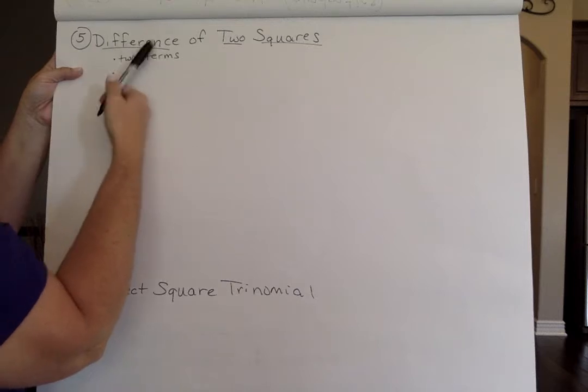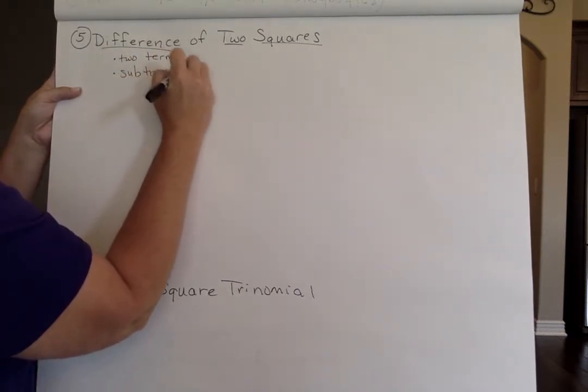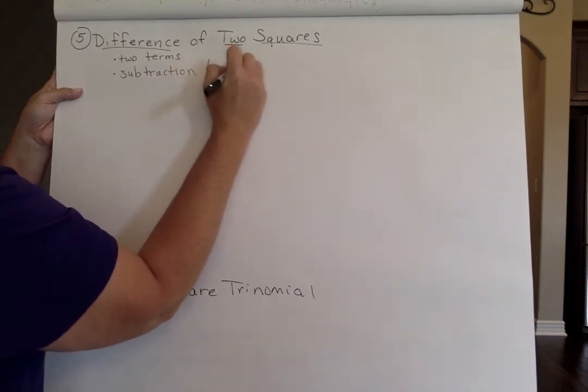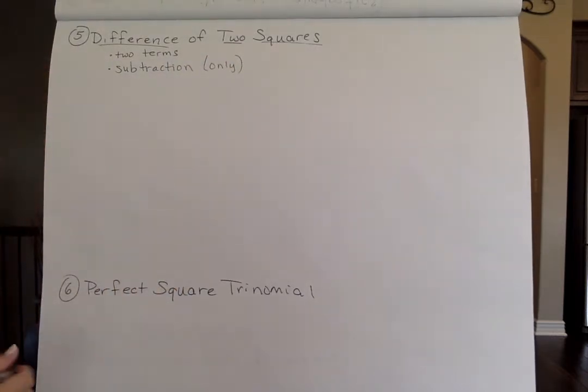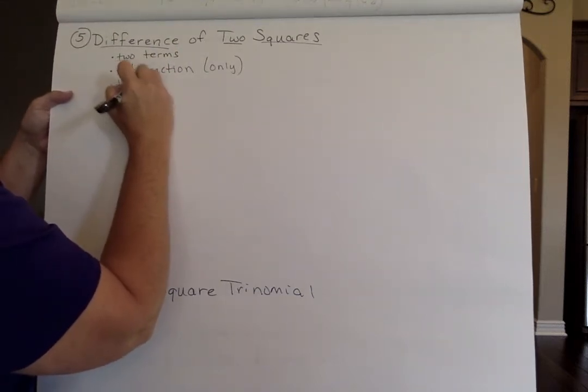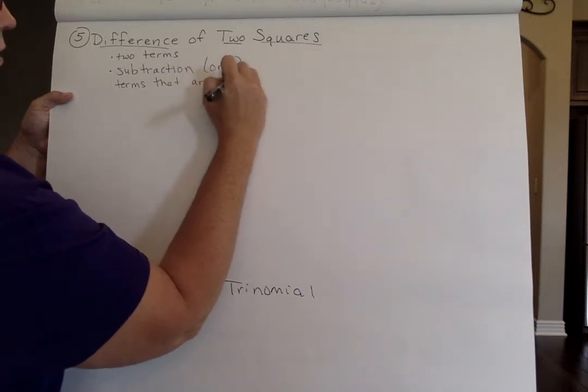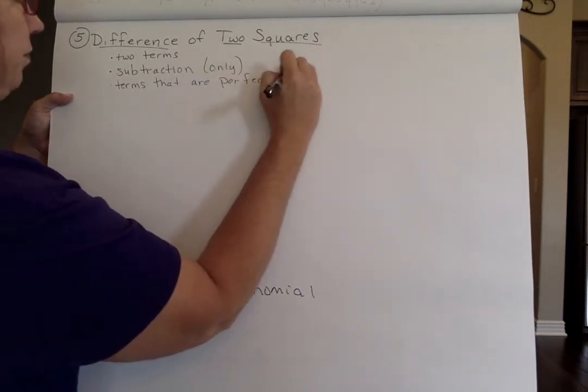We'll be dealing with a difference, so that's subtraction. And I'm going to actually put in parentheses only, because that's going to be interesting later. And then squares. Terms that are perfect squares.